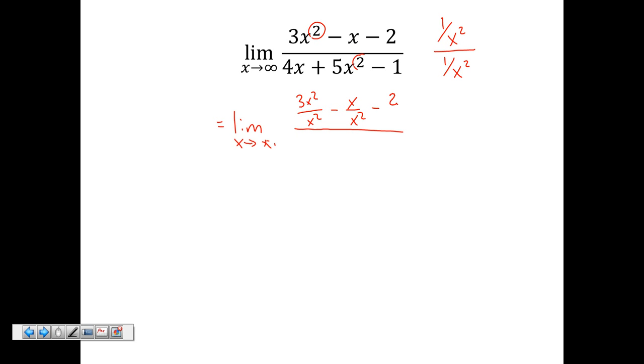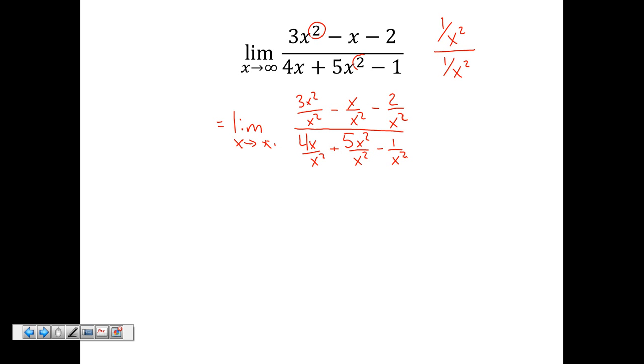And some stuff is going to happen to this one. I'm going to do the same thing on the bottom. If you don't want to go into as gory detail as I am doing right here, that's okay. You don't really need to write this middle step. I'm doing it for instructional purposes right now, but this is definitely a step you can skip if you can see what's going on.